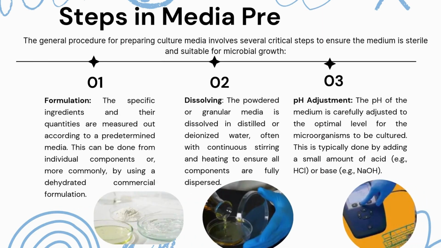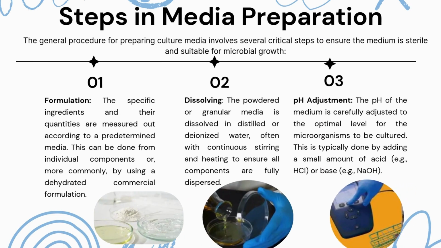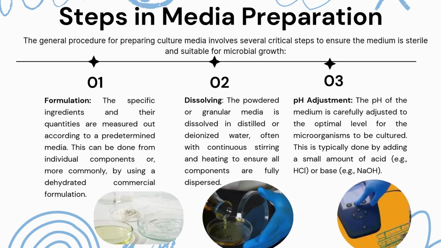Now the steps involved in media preparation. The general procedure for preparing culture media involves several critical steps to ensure the media is sterile and suitable for microbial growth. The first one is formulation. The specific ingredients and their quantities are measured out according to predetermined recipes. This can be done from individual components or, more commonly, by using a dehydrated commercial formulation. The second one is dissolving.